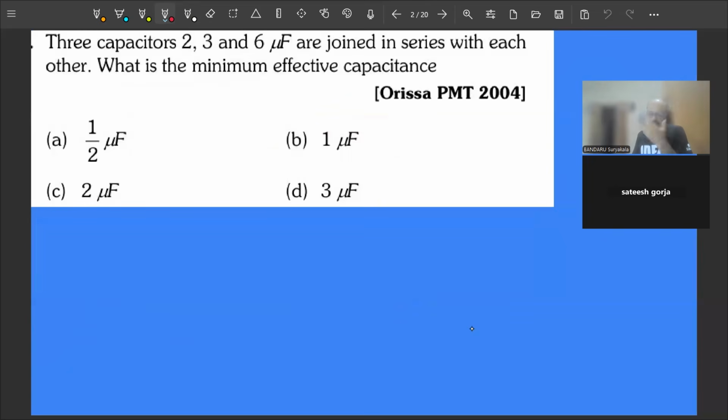Next, 3 capacitors we have here: 2, 3, 6 joined in series. What is the minimum effective capacitance here? Minimum effective capacitance means we should connect them in series.